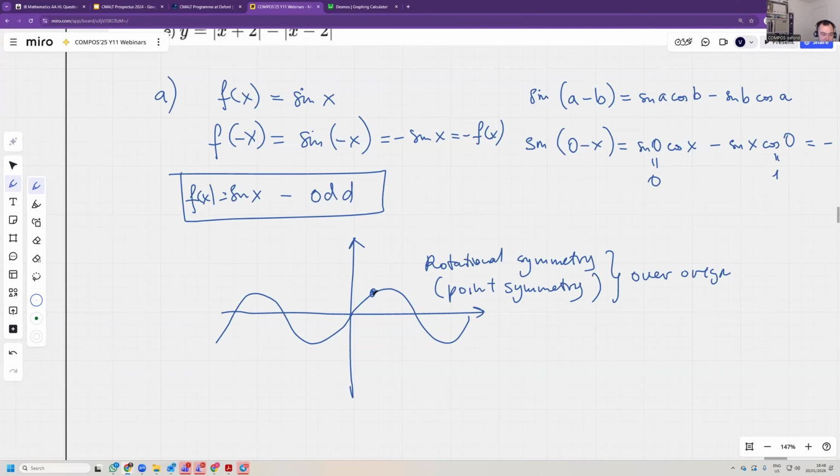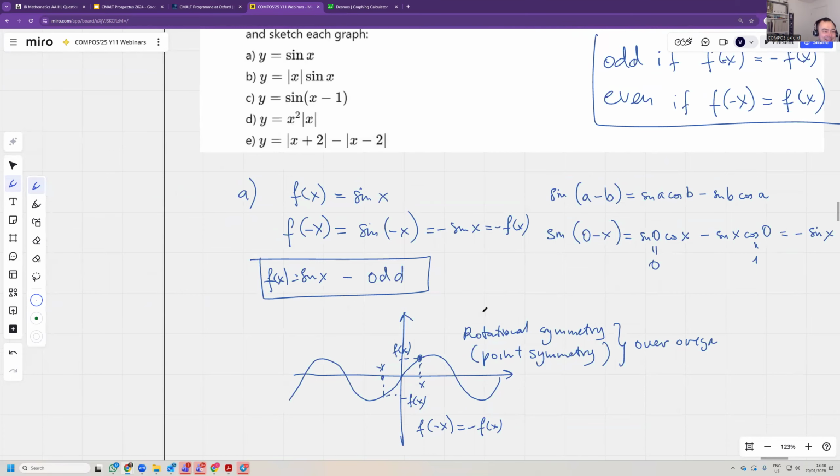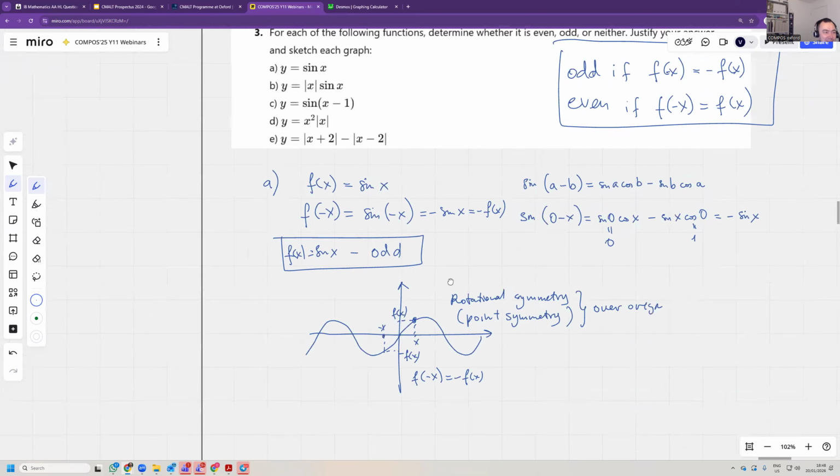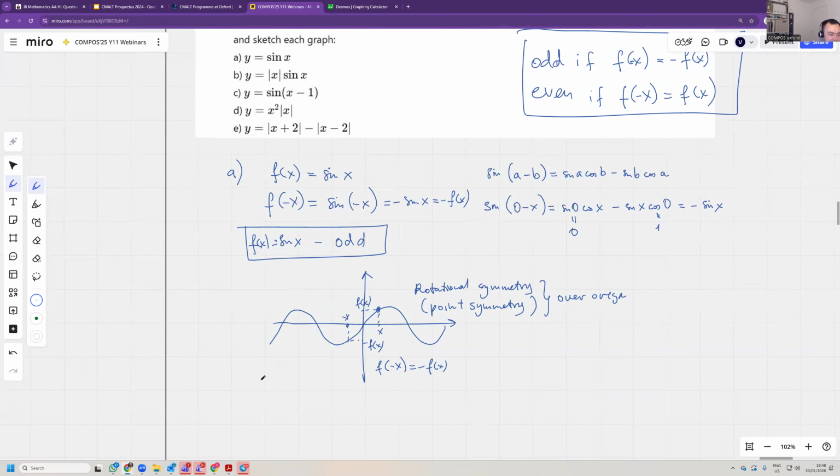Nice. So you can see that this is x, this is negative x. So f of negative x is minus f of x. So this is f of x, and this is minus f of x. Beautiful.